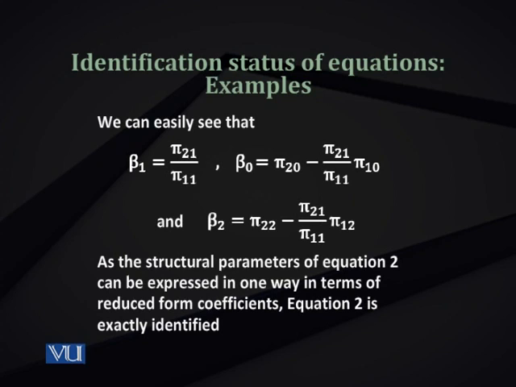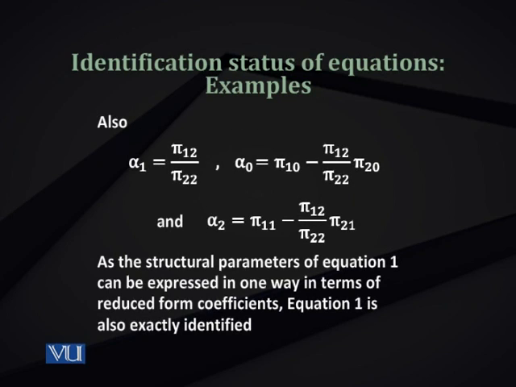So we call this equation exactly identified equation. Similarly, for the next one, you are seeing that alphas also can be expressed in one single way in terms of the reduced form coefficients. So as we can express all the structural parameters of equation 1 in terms of the reduced form coefficients, we'll say that equation 1 is also exactly identified.